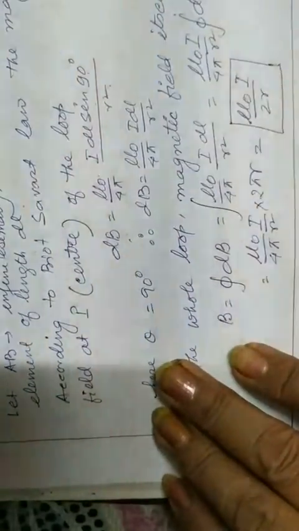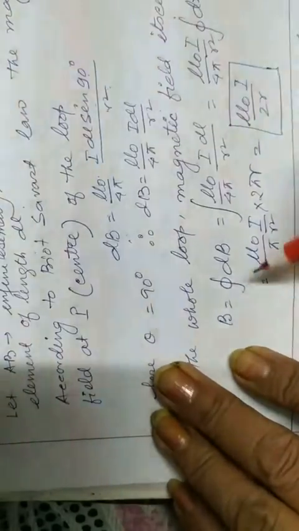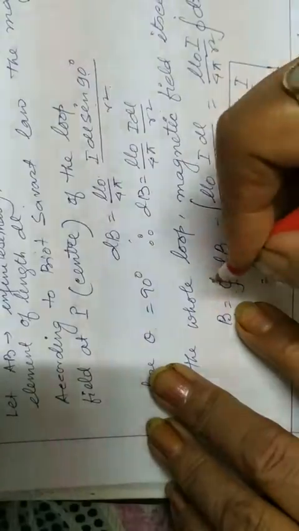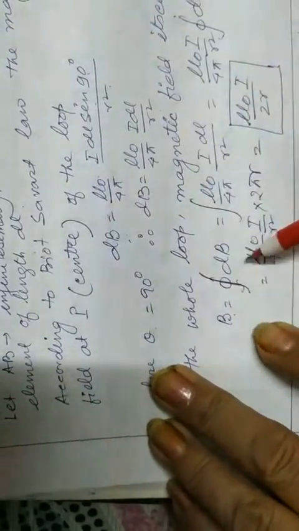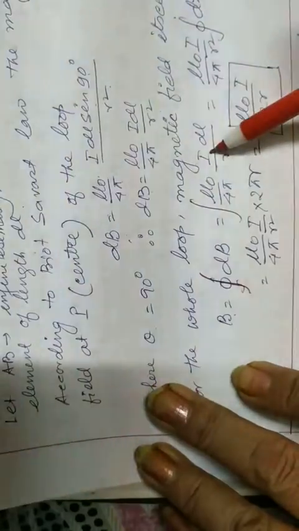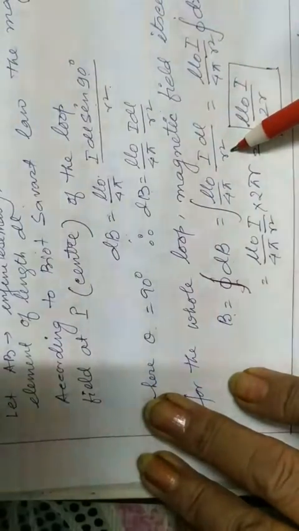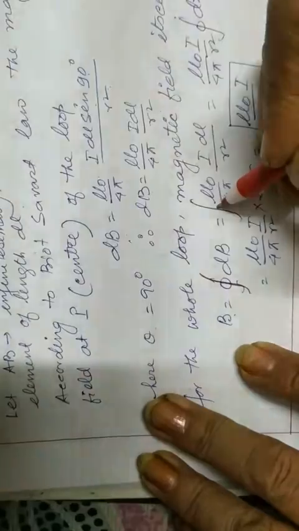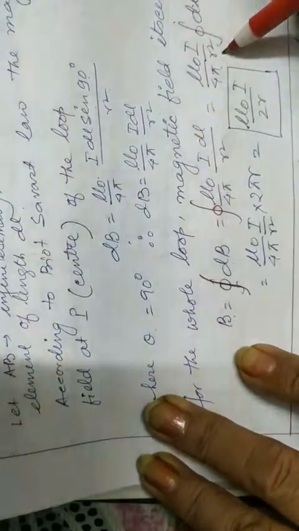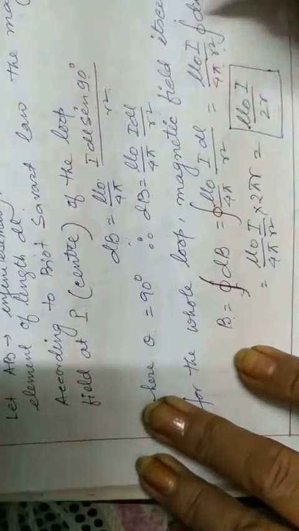For the total loop, the magnetic field at the center P is B equal to closed integral dB, which is mu 0 by 4 pi I by r square times closed integral dl for the total circular loop.